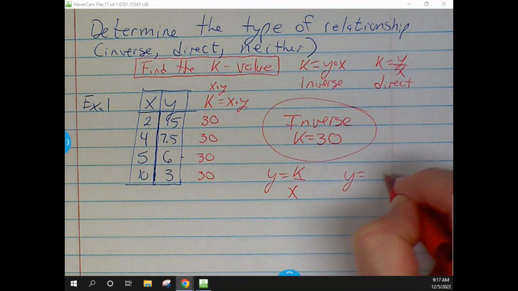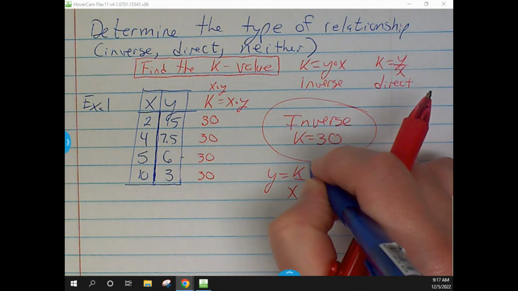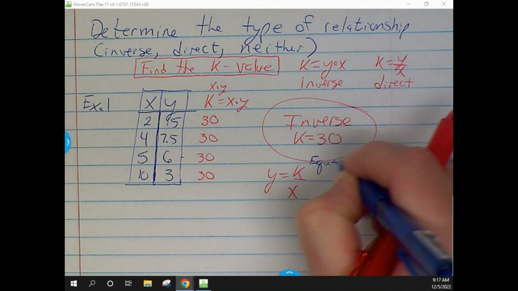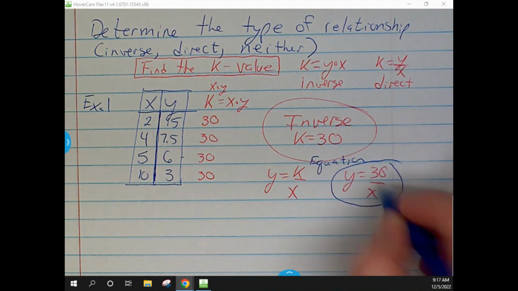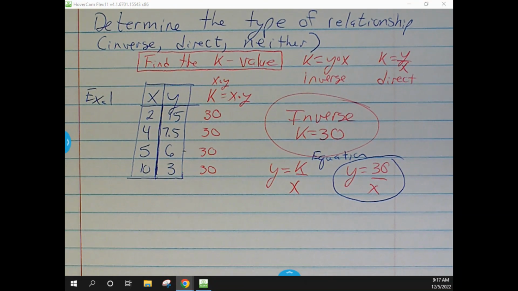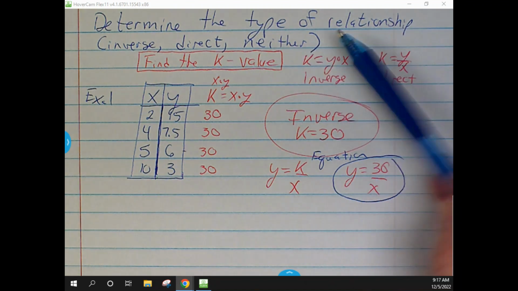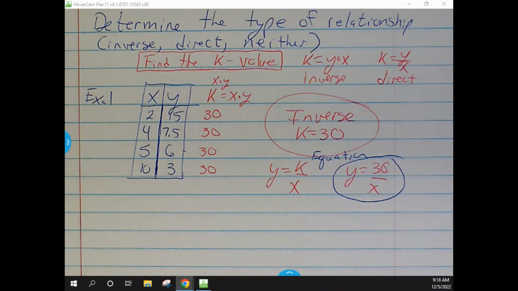So that's y equals 30 over x, and that would be your equation. We really only need that one because we're using that to set it up. I guess one thing I should have put in the directions up here: determine what type of relationship it is, and if it's direct or inverse, then tell me the equation.